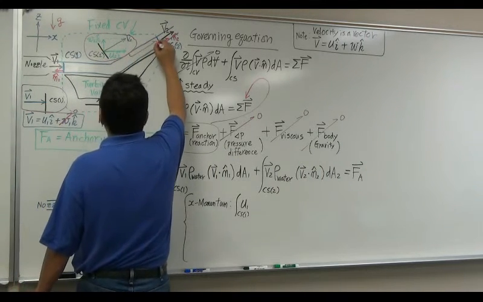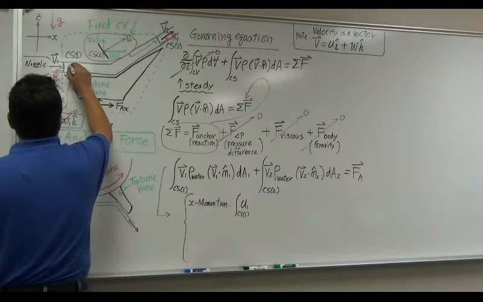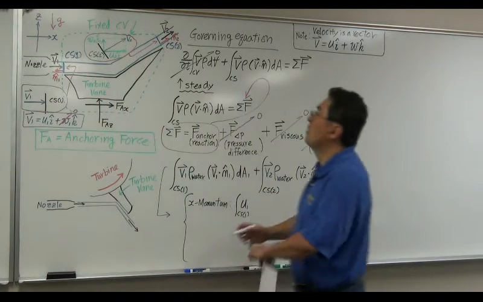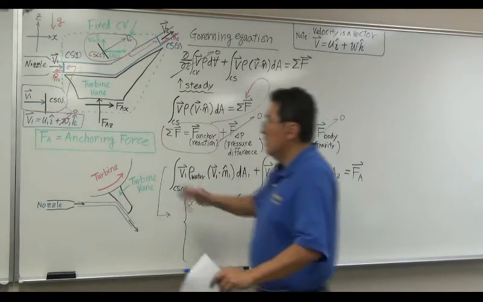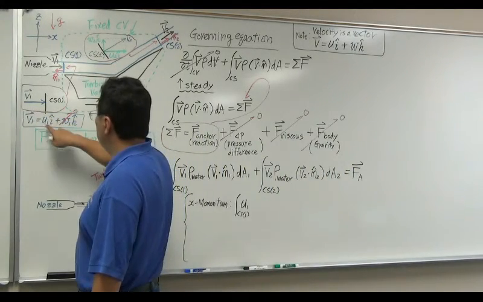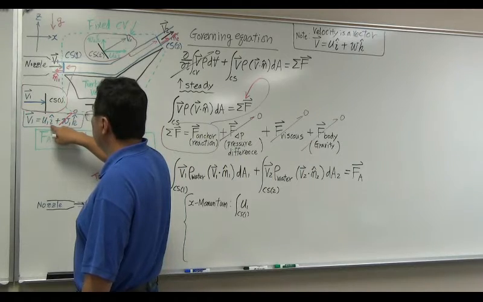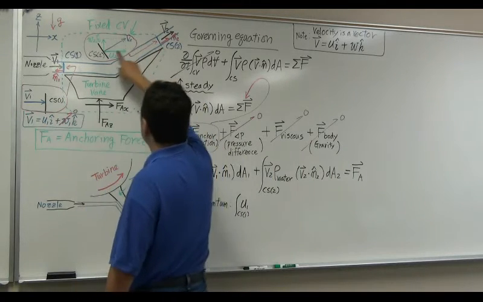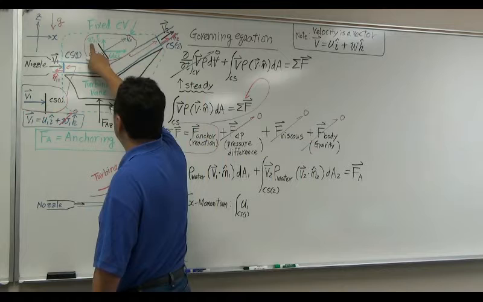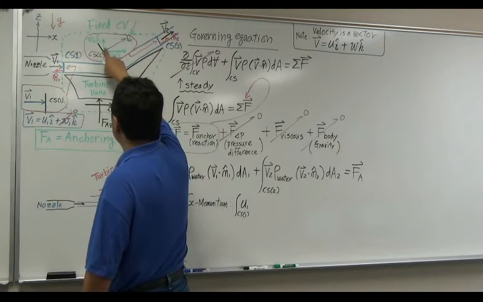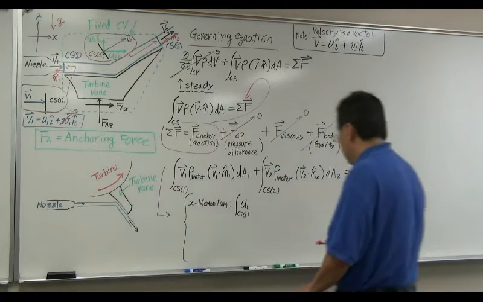This is the situation here. At control surface 1, you have only u1 in direction x. At control surface 2, you have u2 and w2 in the x and z directions. Let's be careful.